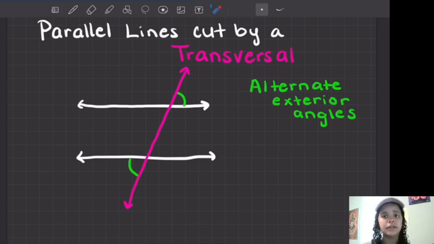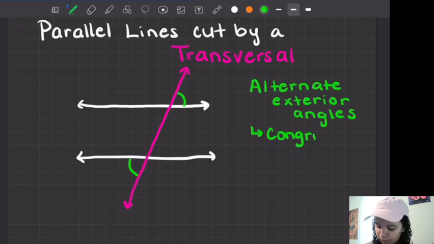So alternate, different sides of the transversal, exterior, outside of the parallel lines. Okay. And alternate exterior angles are congruent, which means they will always have the same measure, okay? So if this alternate exterior angle is 70 degrees, then the other alternate exterior angle will also be 70 degrees, okay?